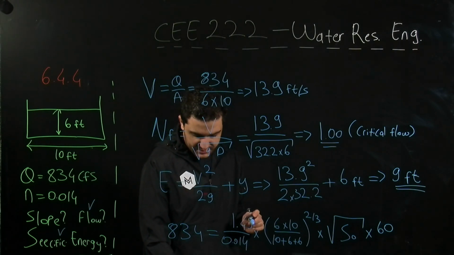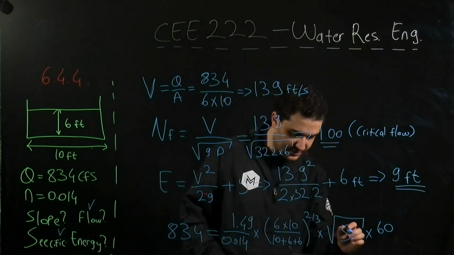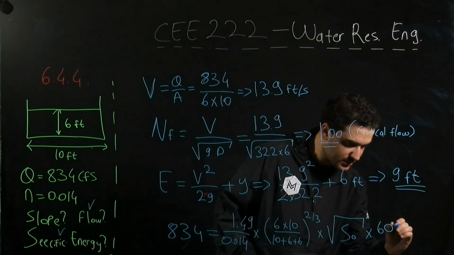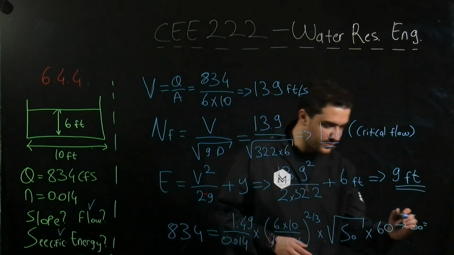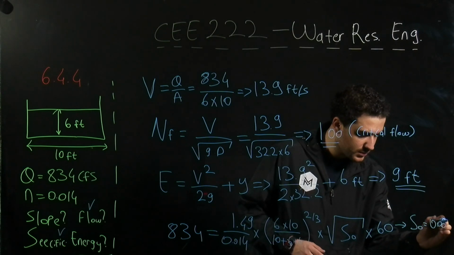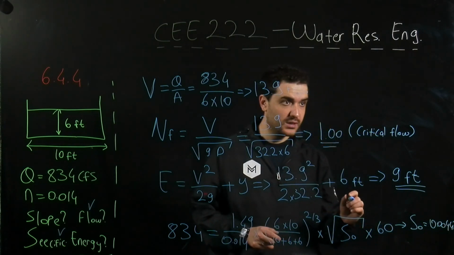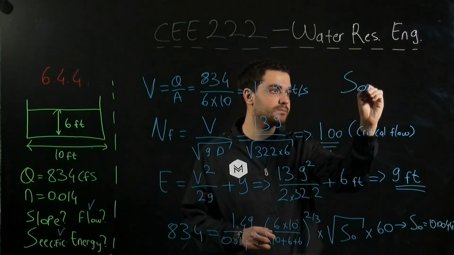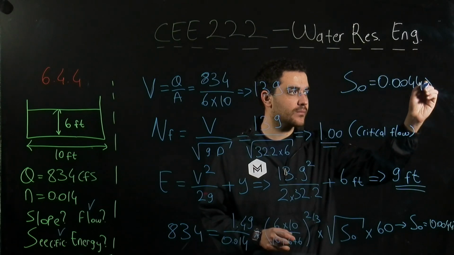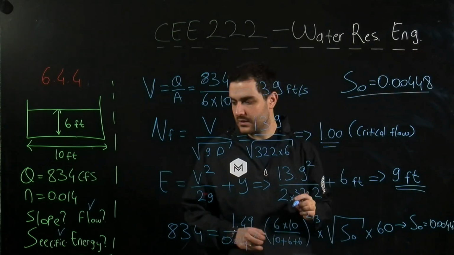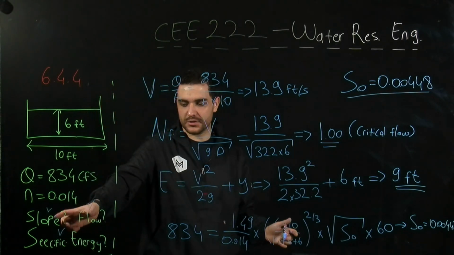So from here, we can get slope as 0.00448. And this gives the slope. So we are done with all the requests.